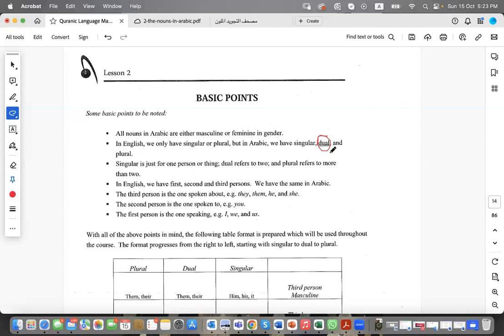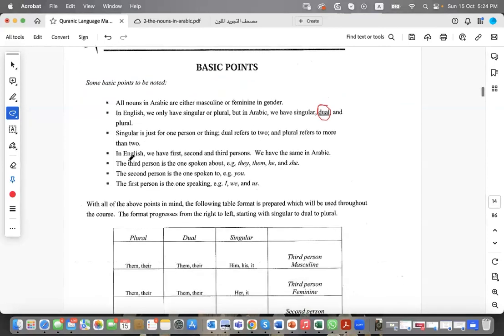And this means also that I don't need to mention the number two, like two books, for example. Instead of that, I would say kitaban or kitabain. It's only one word with a specific ending that tells me I have two of this object. Next point, singular is just for one person or thing. Dual refers to two, and the plural refers to more than two.